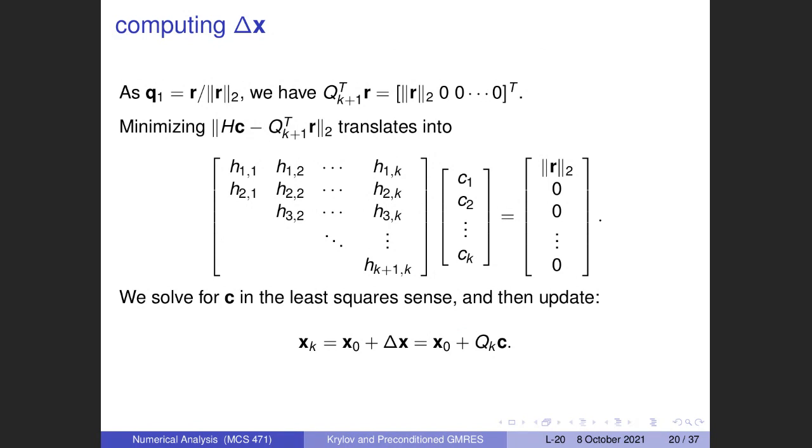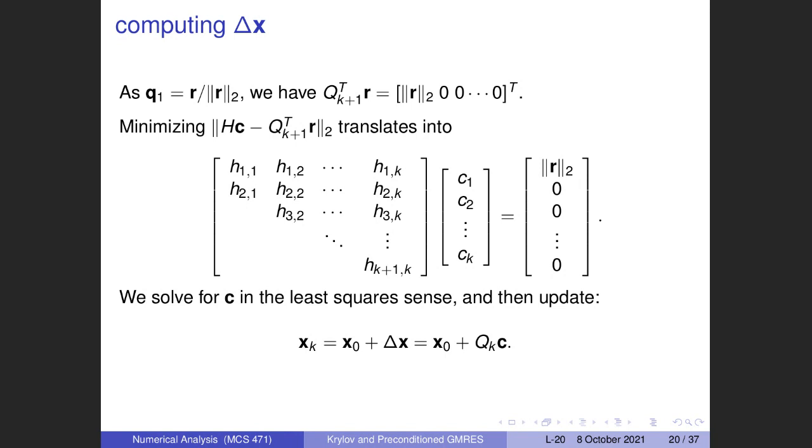We've seen the structure again with the upper Hessenberg matrix. It has this upper Hessenberg structure with one extra diagonal, if you like, and one extra row, which comes from the fact that we are adding one extra column to our Krylov space.